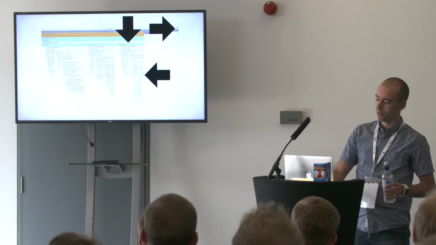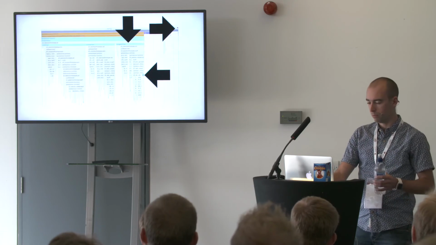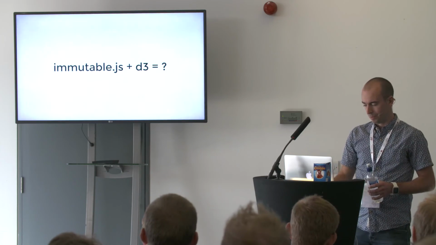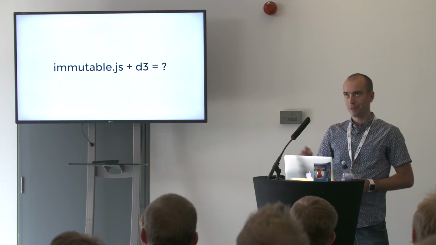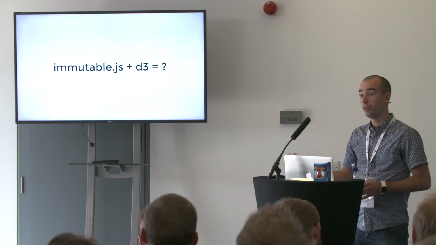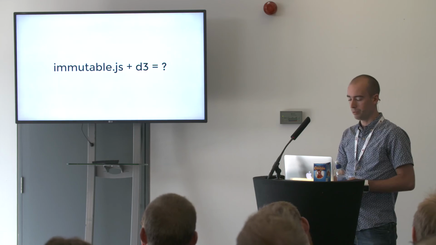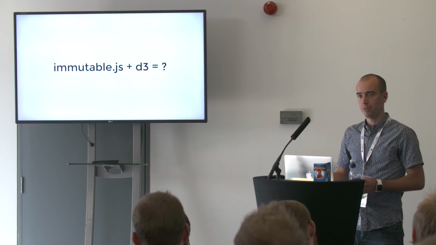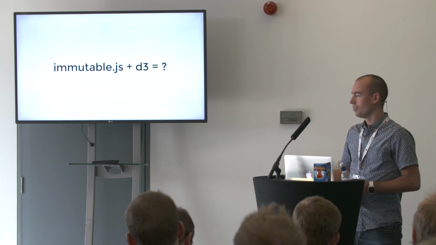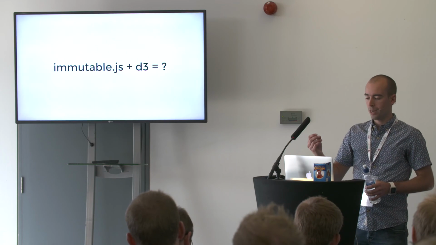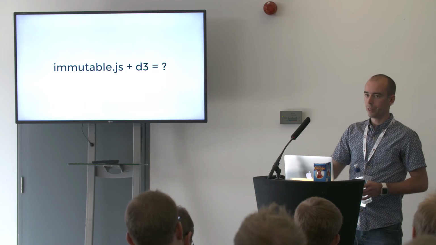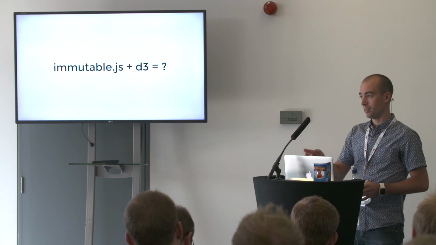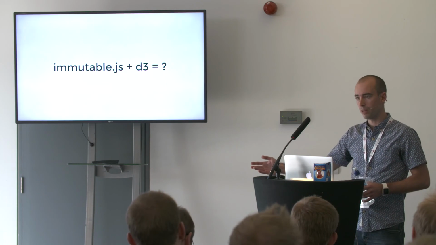The solution that I've been thinking about and playing with a little bit is another thing that's popular if you look at React and Flux, which is immutable.js. Immutable.js is a load of immutable collections that you can use in JavaScript. And with immutable collections, you get the ability to dirty check really, really quickly, because a dirty check is basically just saying, is this thing the same instance as this other thing?